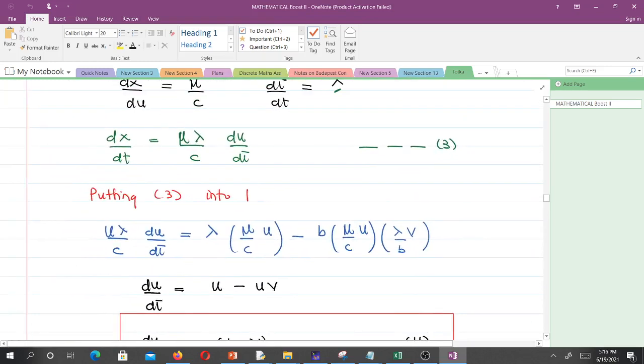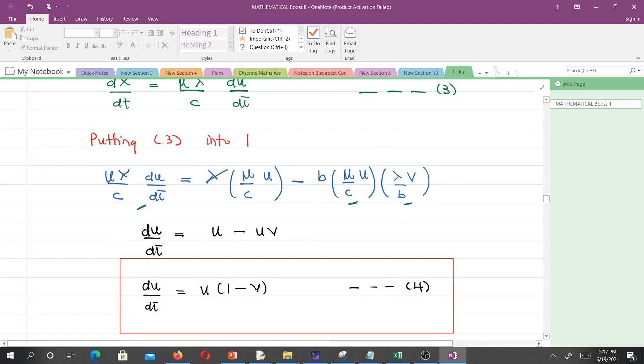When we put equation 3 into equation 1, we are going to get mu lambda over c du/dtau. The whole of this represents dx/dt, equal to lambda x, but now x is mu over c u, minus b. The whole of this is now x, and the whole of this is now y, from the equations that we wrote earlier.